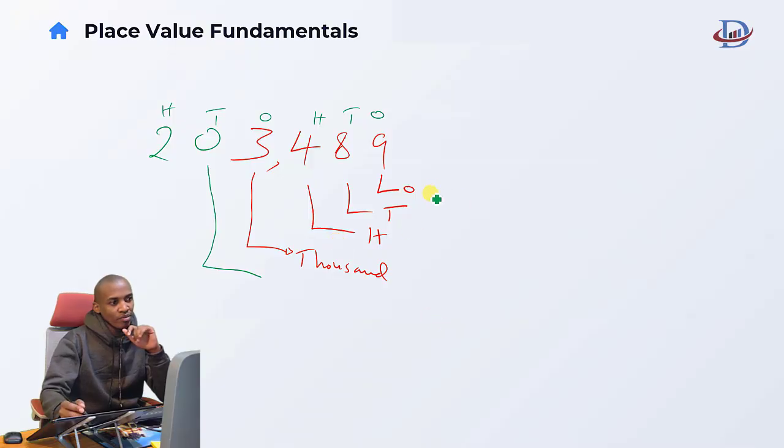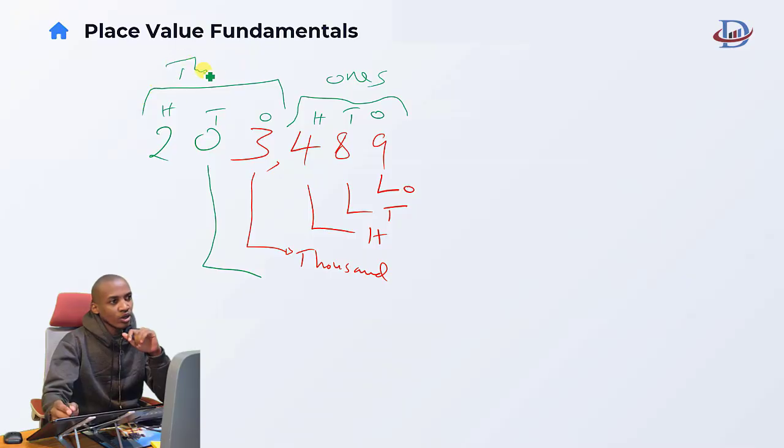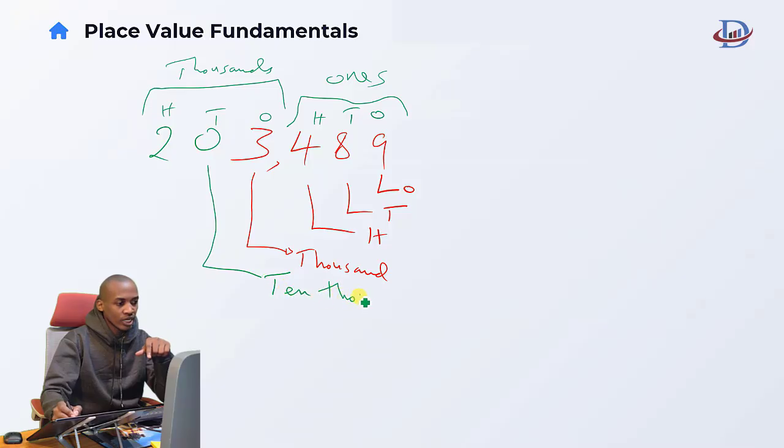The first one here is in the ones period, and the next one here is in the thousands period. So the first one here we call thousands, the next one will be 10,000.